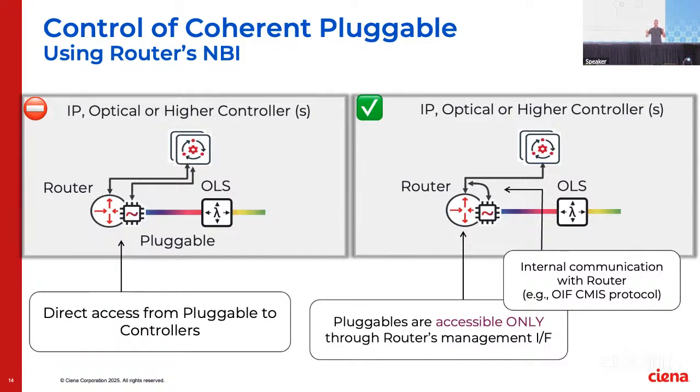The whole idea here is that information from pluggables is coming from the northbound interface of the router. I cannot go and tell the pluggable, okay, give me whatever you have, I want to configure you. I have to go through the interface of the router to do whatever I want for the configuration, for the discovery, and collection of telemetry and alarms.